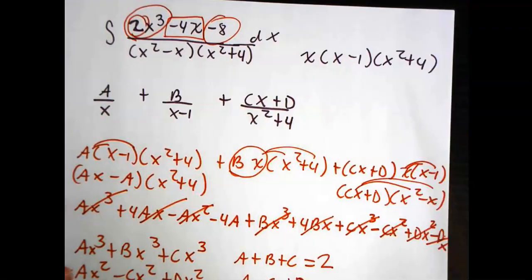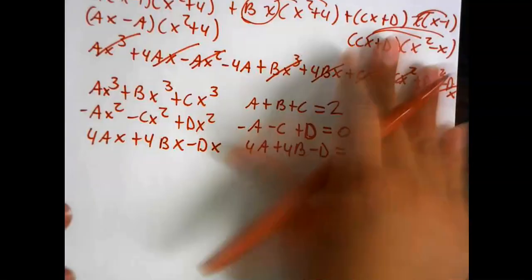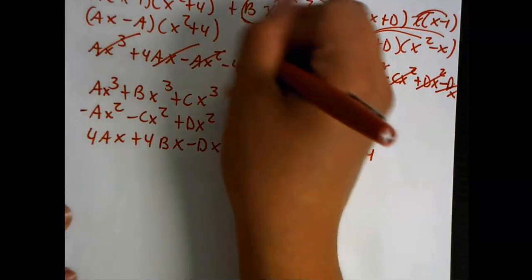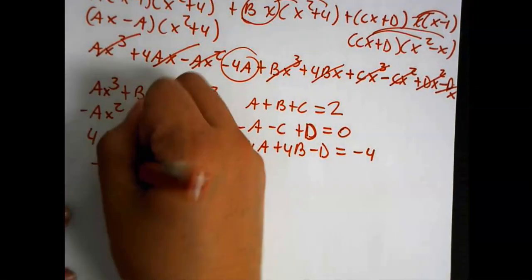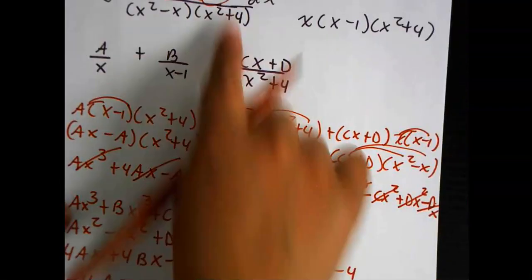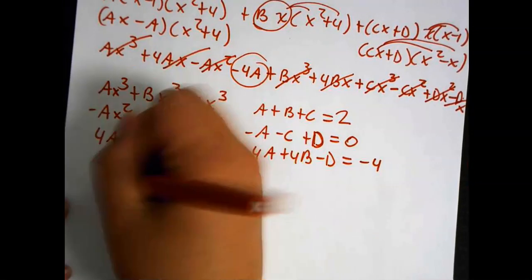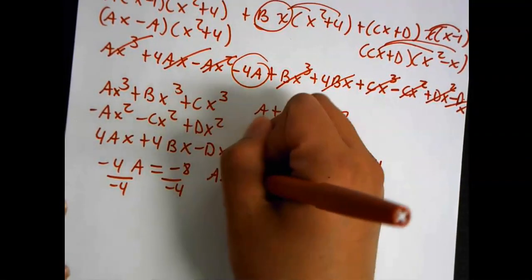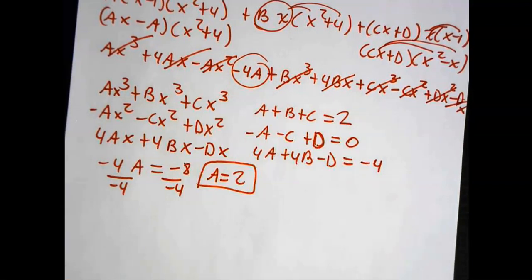Sorry, I was looking at my x. My x's is negative 4. The only thing I haven't crossed out would be negative 4A. This is my constant, my numbers, and this is negative 8. So from here, I can divide by negative 4, and A will be 2.